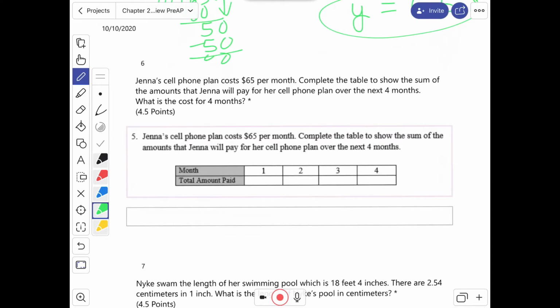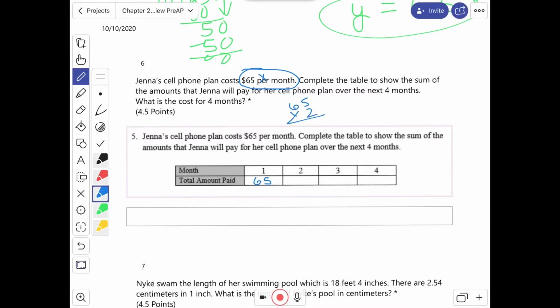Jenna's cell phone plan costs $65 per month. Complete the table to show the sum of the amount that Jenna will pay for her cell phone plan over the next 4 months. And the question is actually asking what is the cost for 4 months. So 65 per month. Per means we're going to multiply, so 65 times months. So for 1 month would be 65.